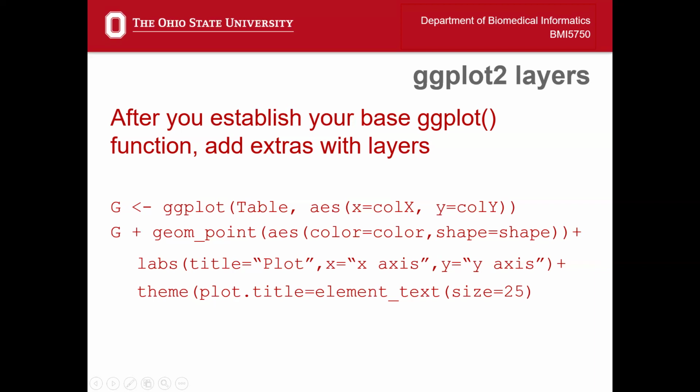Maybe my favorite theme is theme_bw parentheses, and this just makes it all black and white, and it takes away that gray background from the plot. We'll see it later. Maybe you have a need to change the text size, and you can do that from within your theme. And then if you wanted to add on, you would put a plus after this, and then on the next line, you could put on more modifications to your plot.